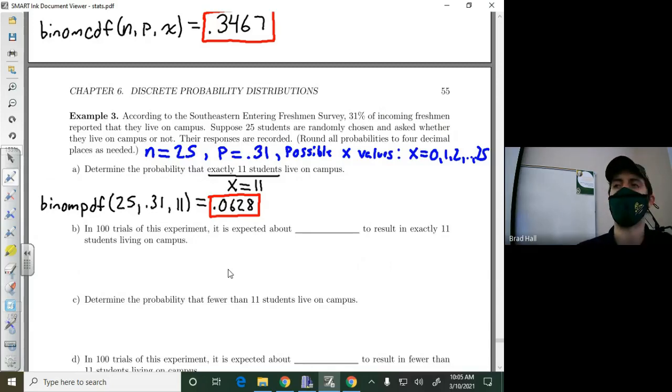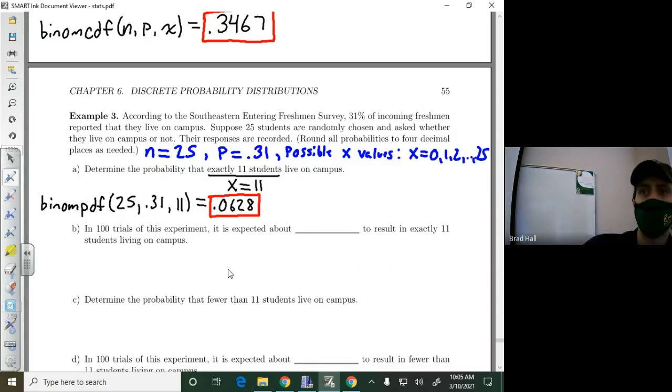From here, now we're going to interpret this. In 100 trials of this experiment, it is expected about blank of these trials to result in exactly 11 students living on campus. So this should seem fairly familiar to what we did in the previous section.